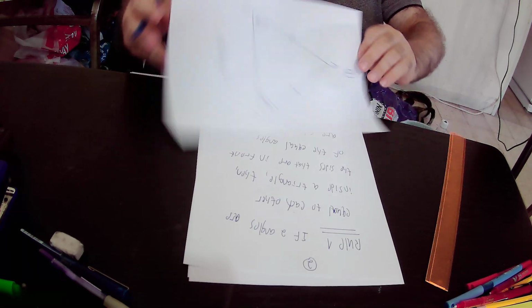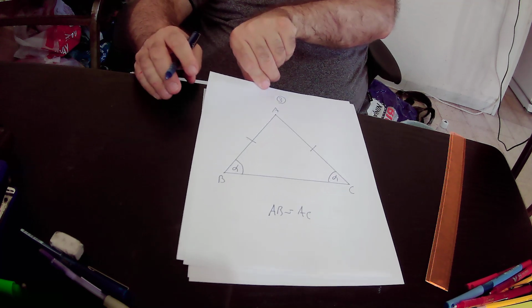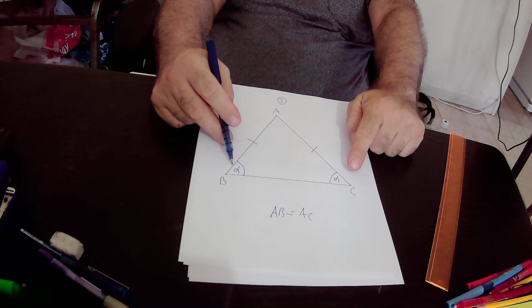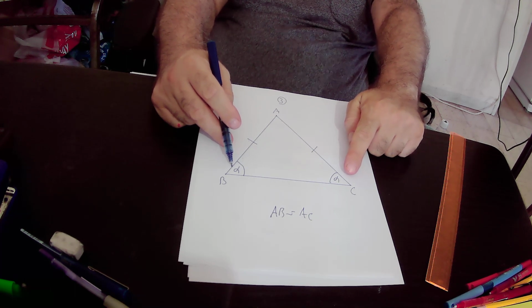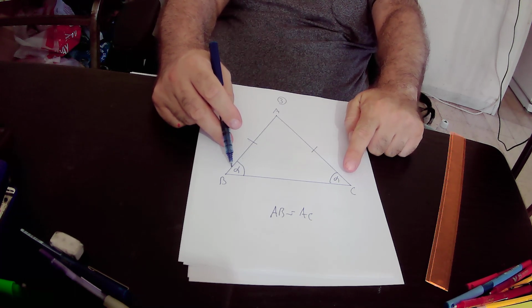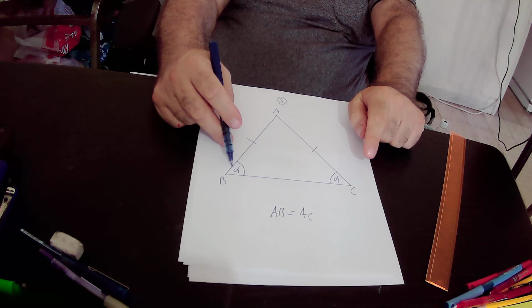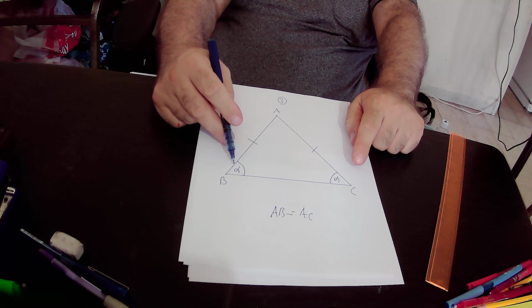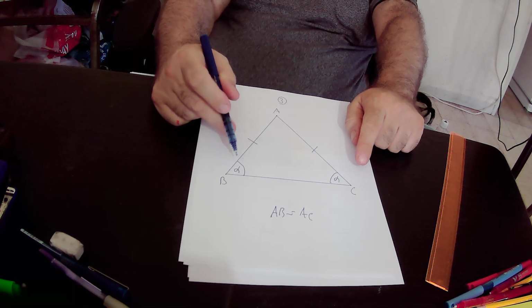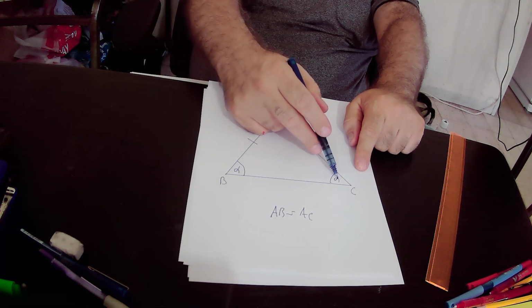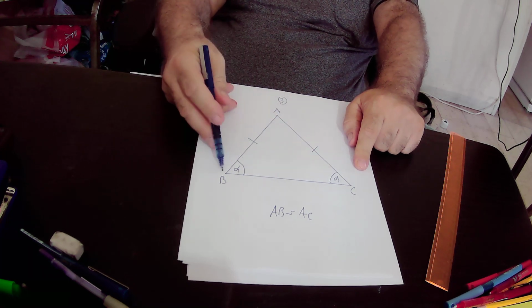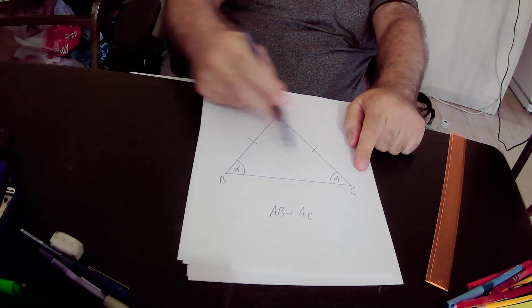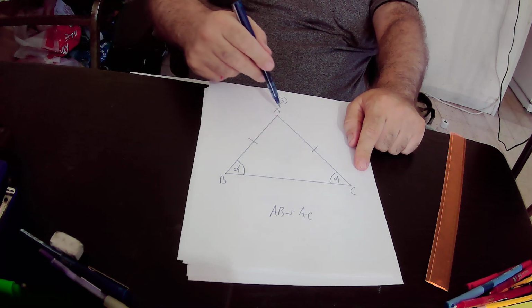Again, if we know that in triangle ABC we have two equal angles, both equal to alpha, then in front of equal angles we have equal sides. That is to say, in front of this angle alpha we have side AB, and in front of this angle alpha we have side AC.